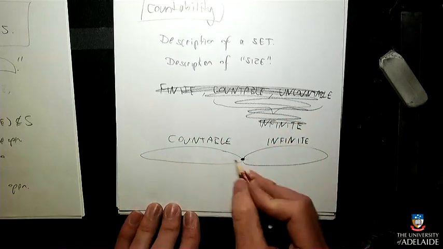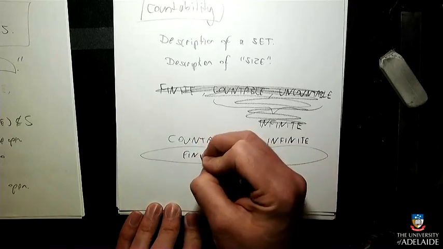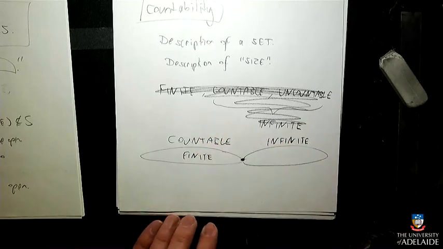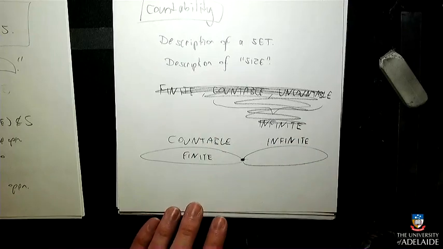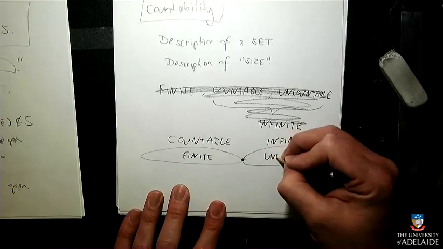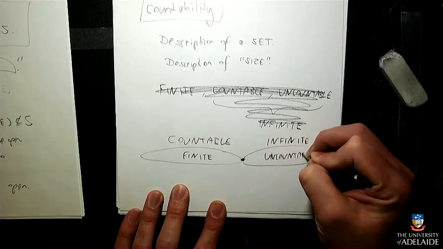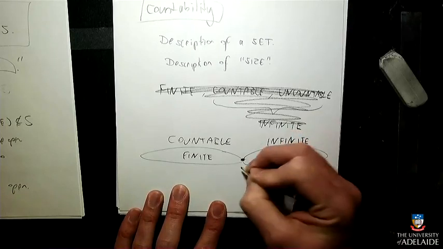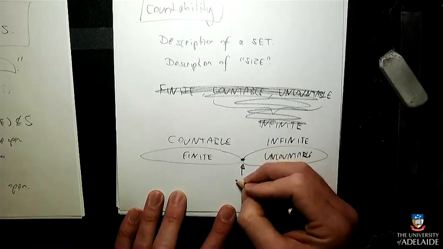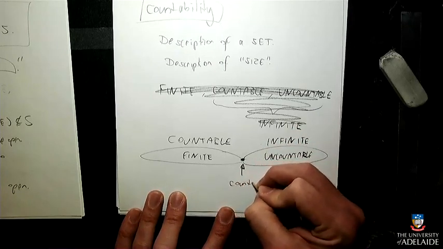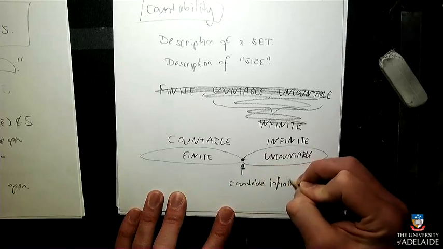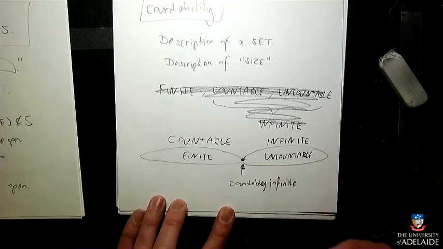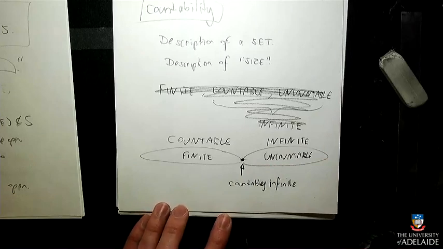All the ones that are countable but not infinite are finite, and all the ones that are infinite but not countable are uncountable. And there is one size that is both countable and infinite. What's that one? Countably infinite. And that is the size of the natural numbers.